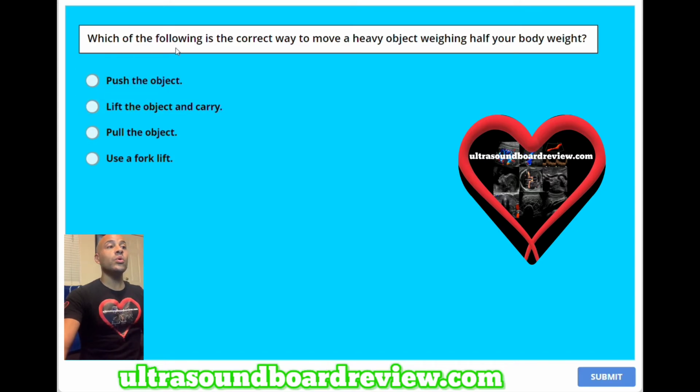Question 26. Which of the following is the correct way to move a heavy object weighing half of your body weight? A. Push the object, B. Lift the object and carry, C, pull the object, or D, use a forklift? The answer is A, push the object.